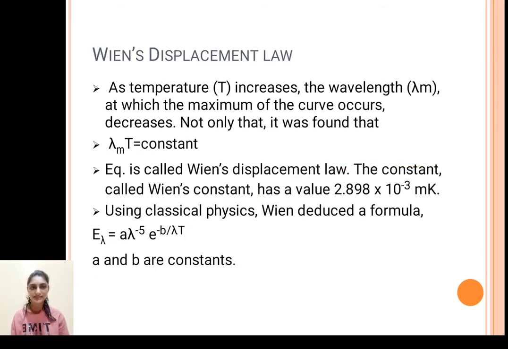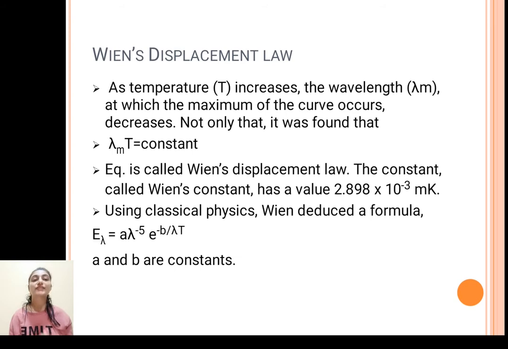Second is Wien's displacement law. So we have seen in the last lecture that as temperature increases, the nature of the graph remains the same, but the maximum wavelength shifts to the lower wavelength side. Now, what is Wien's displacement law? As temperature T increases, the wavelength at which the maximum of the curve occurs decreases.